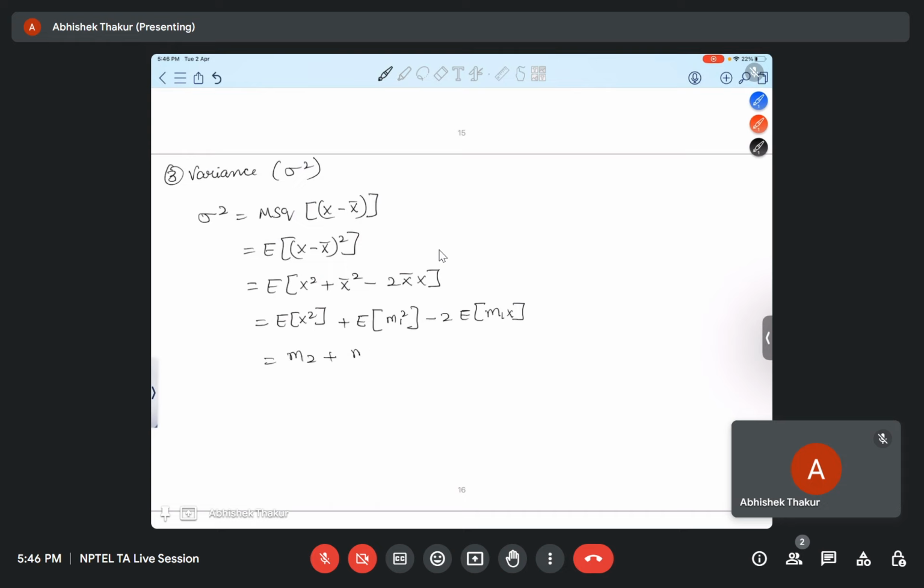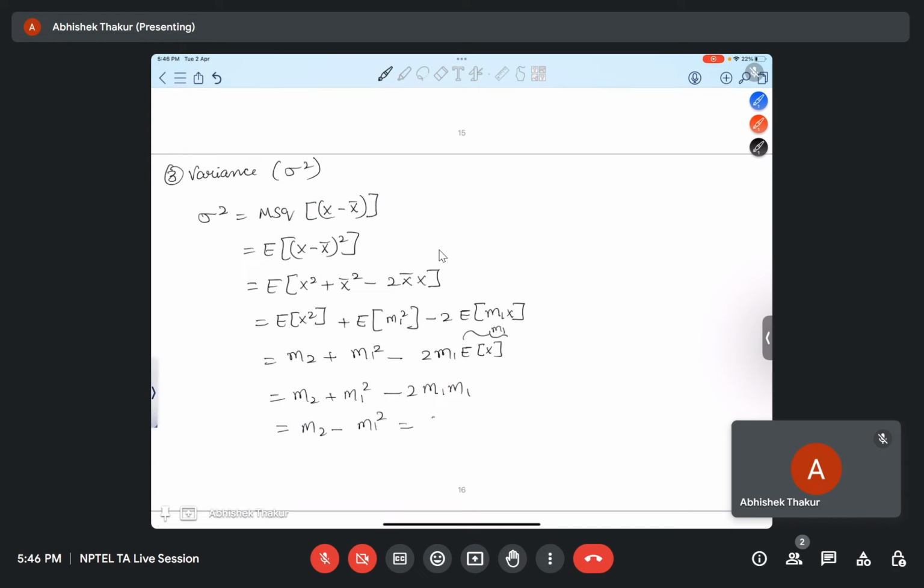This is m1 squared minus 2 into m1. m1 is a constant term, so it will come out of E of x. So again this term is m1. So we can write m2 plus m1 squared minus 2 into m1 into m1. So this will become m2 minus m1 squared.